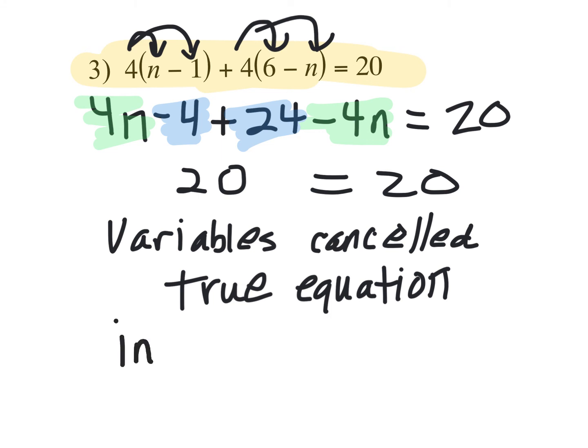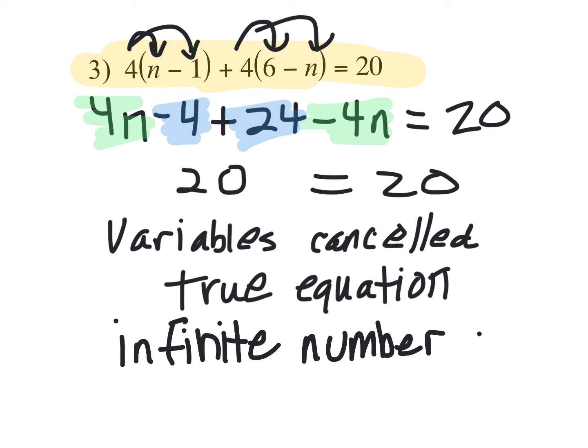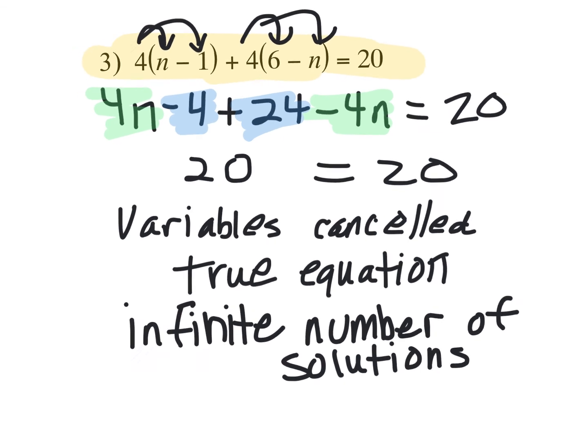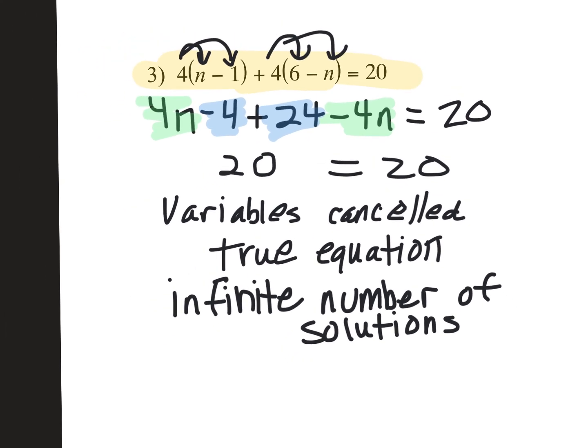We say two things: either infinite number of solutions, or, depending on your teacher, it means the same thing. It's just saying it a different way. So you can say there's an infinite number of solutions. That means it could literally be any number on the planet, and it would still work if you put it in for x.